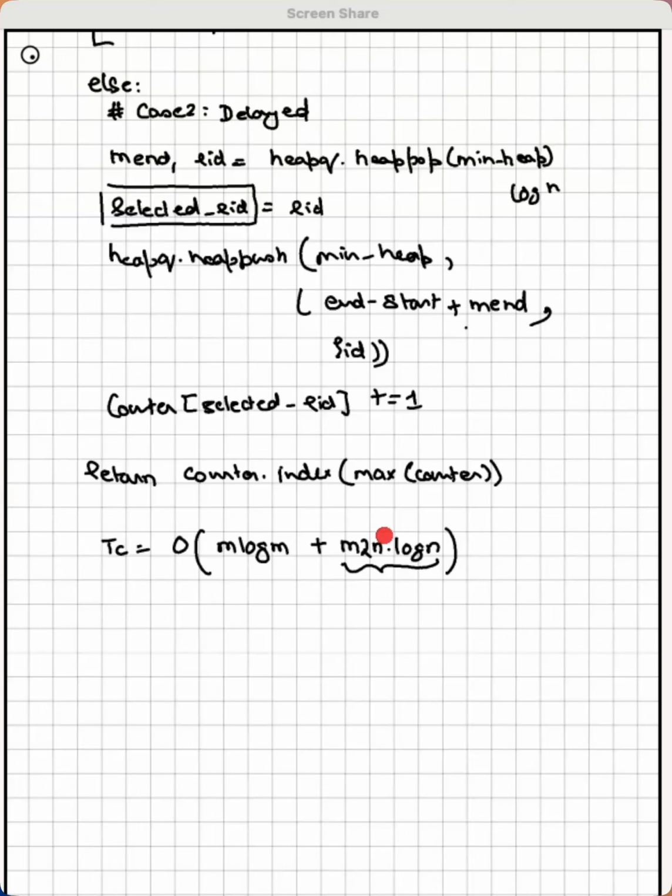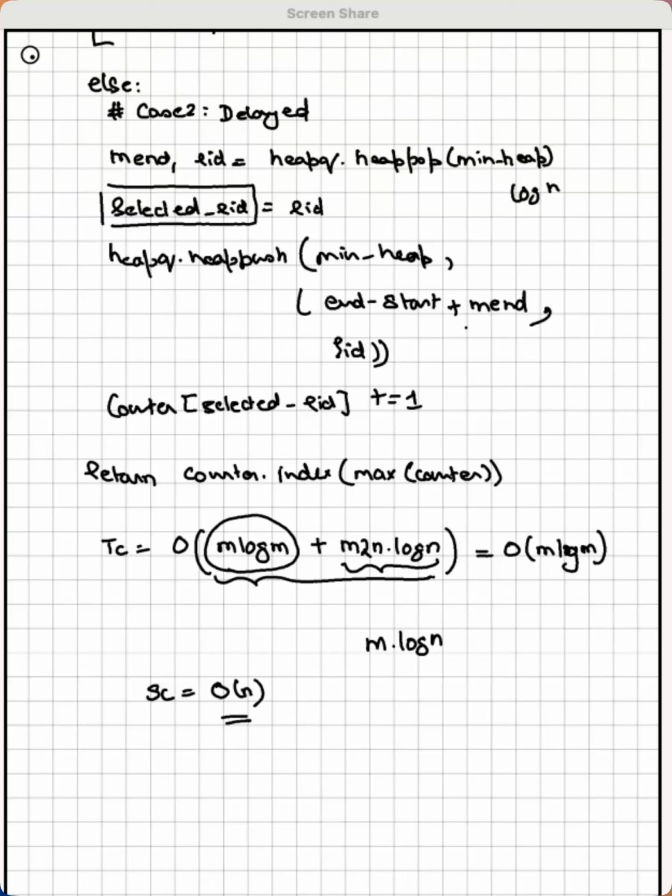So if we always had delayed meetings, then we would have gotten something like m log n. Look at the space complexity. We are only taking order of n space, which is the heap. So the heap takes order of n plus the counter takes order of n. So the space complexity is also about order of n, which is the number of rooms.